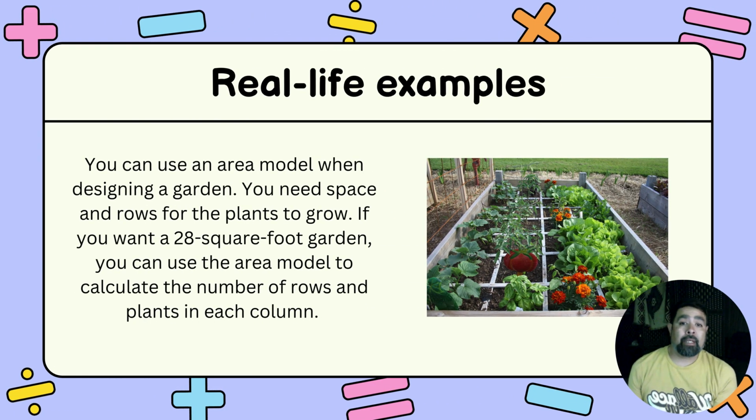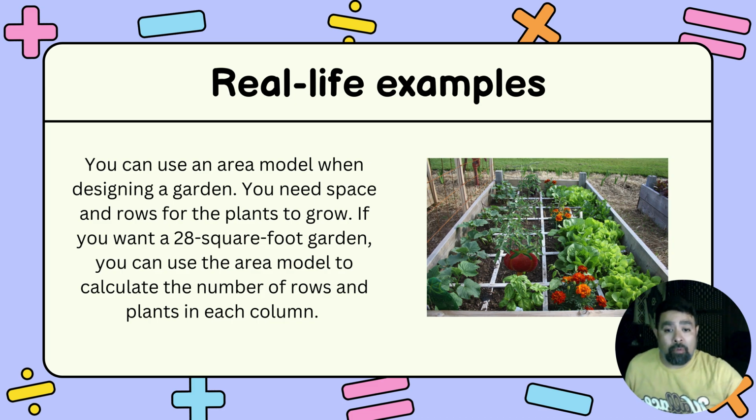As I said in my concrete representation, real life examples are my favorite. And like you see here, using area model to design a garden is something that you can also do on top of what I showed you earlier, which was wood. Here you have gardening. So if you need to fill a space and you have to have so many feet or inches between the plants, right?